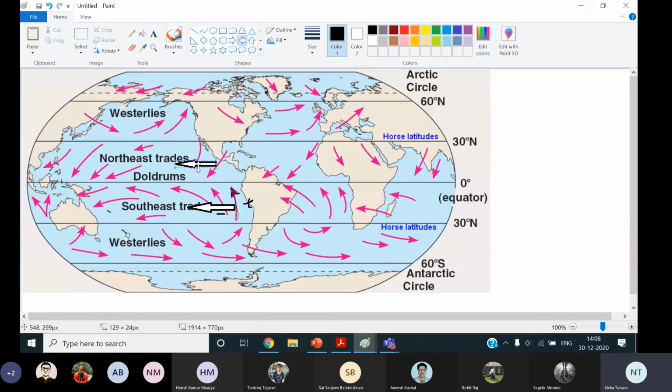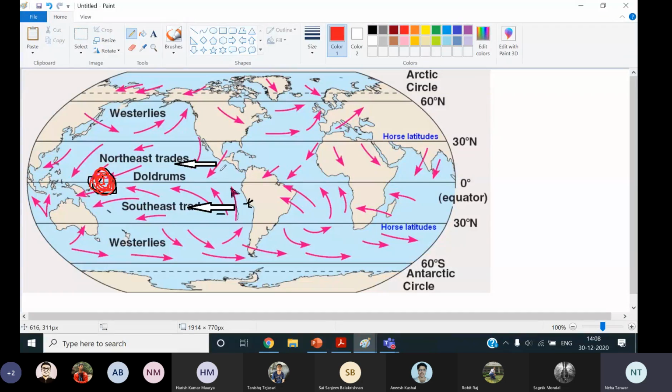So the trade winds are moving the water away from the continent, and this water actually piles up in the western side of the ocean. Here we get the piling up of the water. That's the effect of the trade winds in the Pacific Ocean.